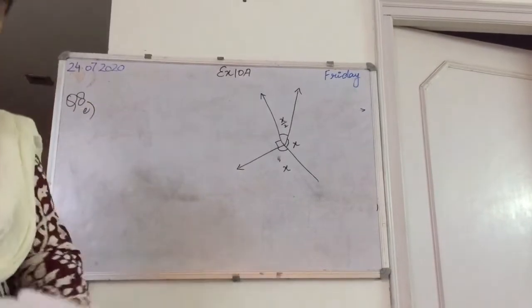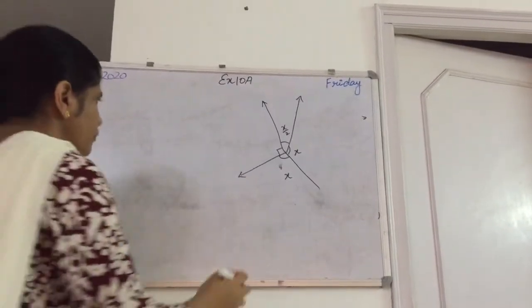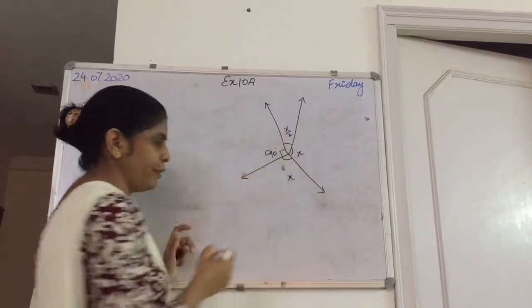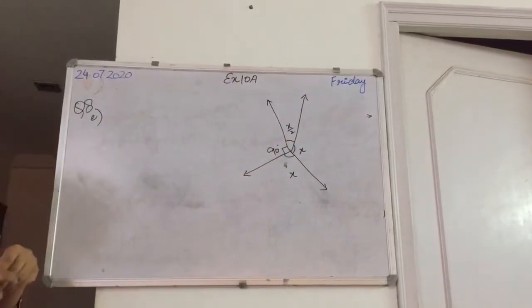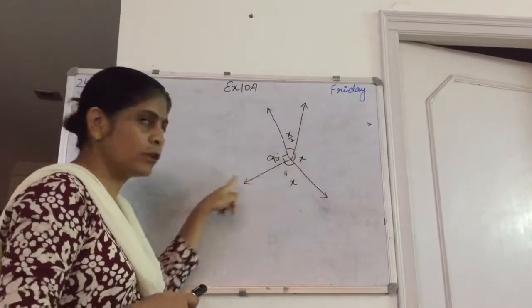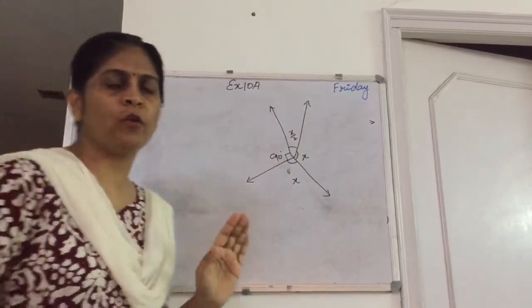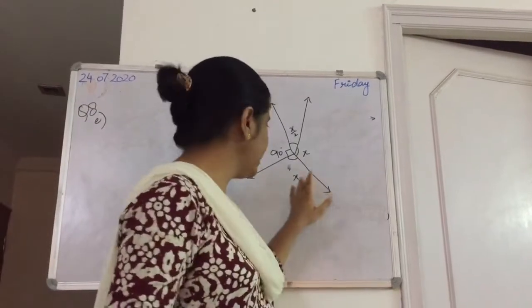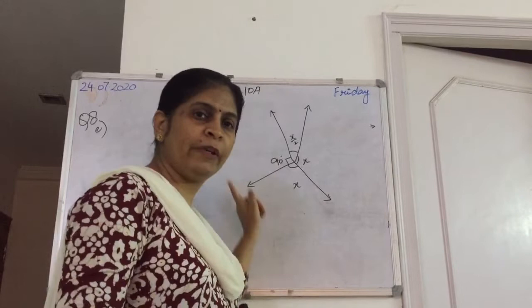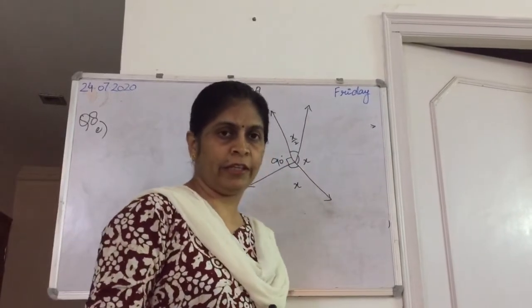Now students, in this case, if you see this small square, it means it is 90 degrees. Clear? Now there is no straight line. You can see that this is tilted, this is also tilted. So there is no 180 degrees in this. But as you know, a complete angle will be 360 degrees.